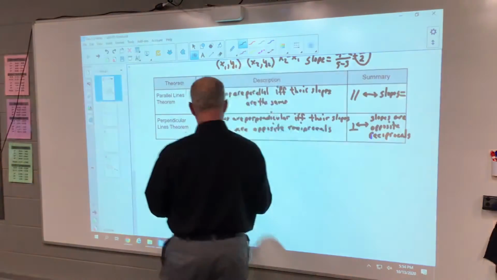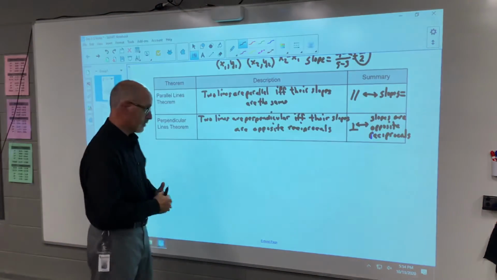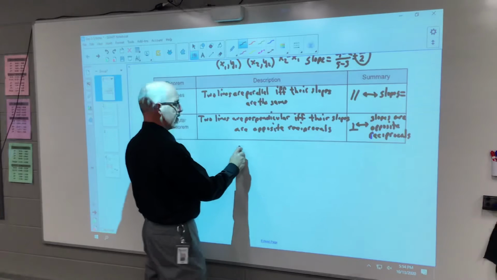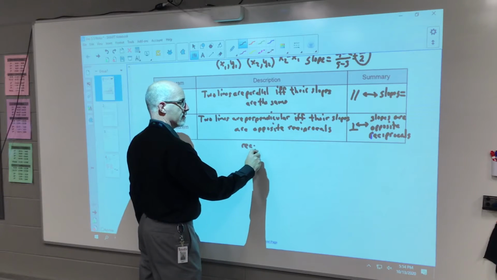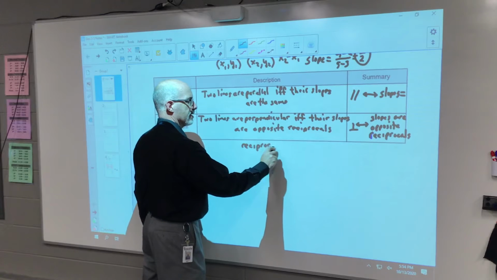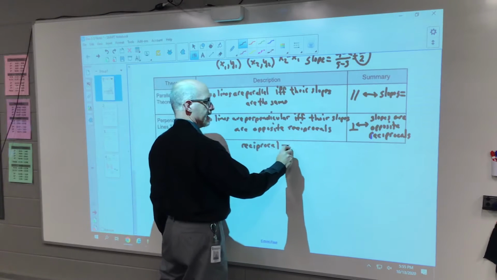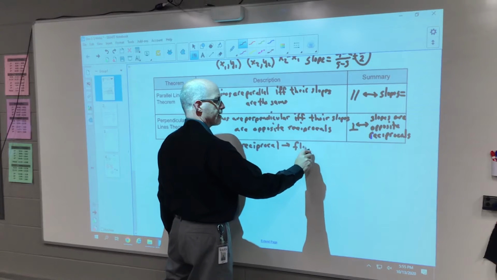Okay, so just below here, let's remind ourselves of what that is, okay? So if I have, let's just define reciprocal first of all. Reciprocal is you flip the fraction.